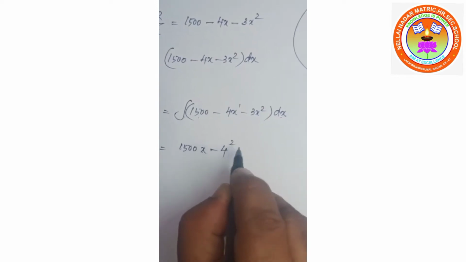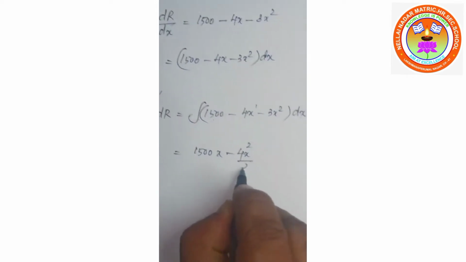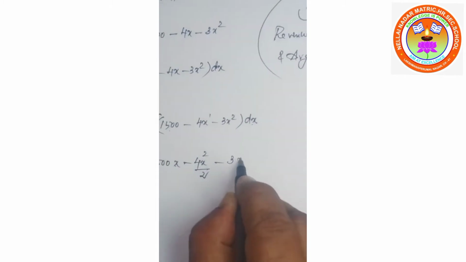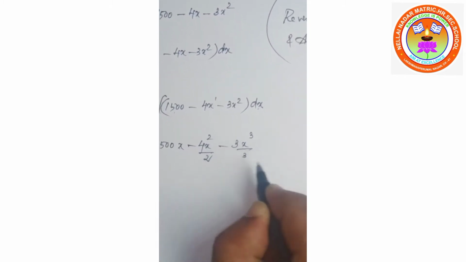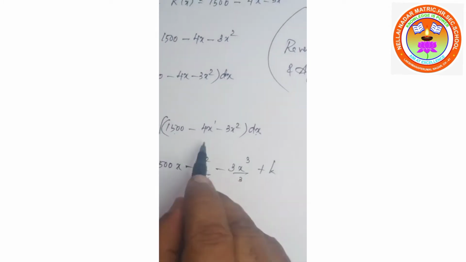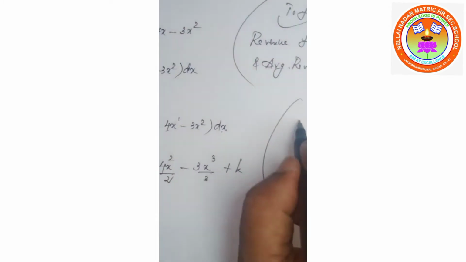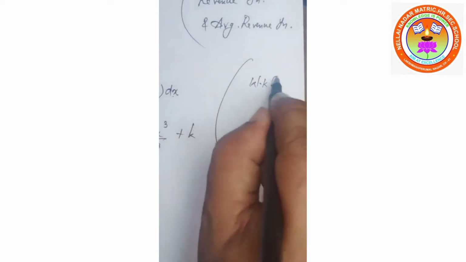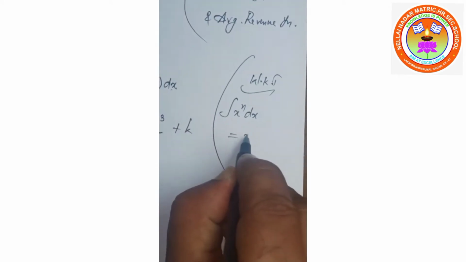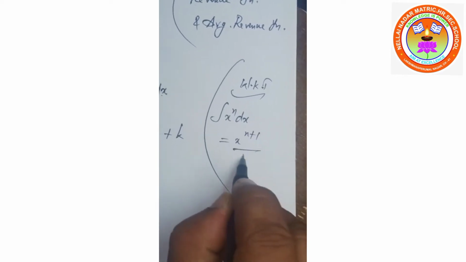So 1 becomes 2, x squared by 2, minus 3, write as it is, x squared becomes x power 3 by 3. Once the integration is over, introduce the constant k. For these terms, we applied the formula integral x power n dx equals x power n plus 1 divided by n plus 1.